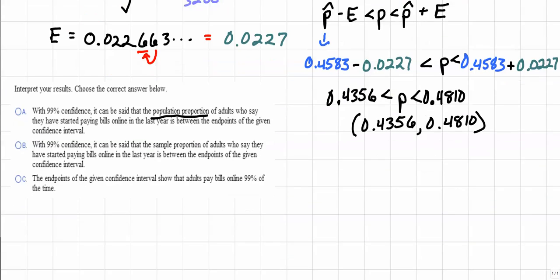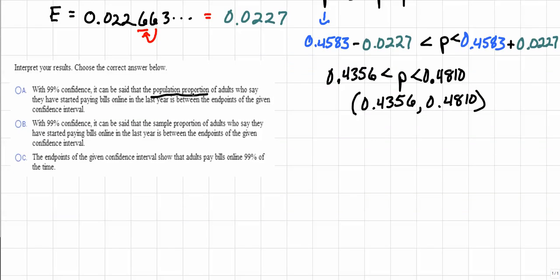The next statement is virtually identical, except the difference is the sample proportion. This is not a sample that we're studying; we're actually trying to extrapolate this back to the population.